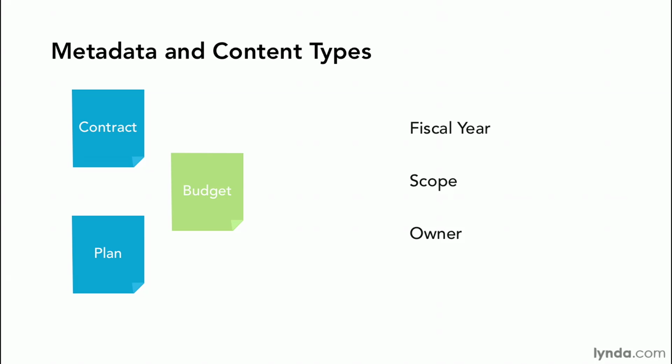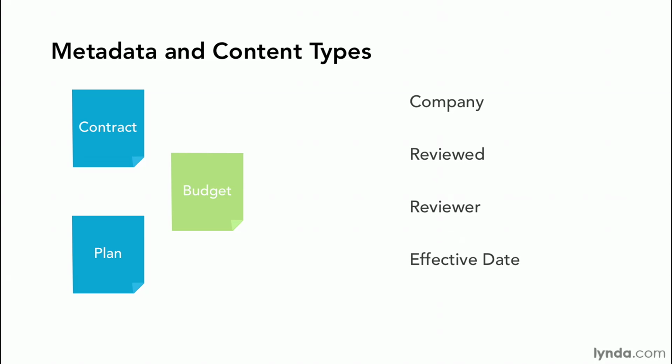We actually want the document to have metadata. So by defining some extra information, what we're going to do is actually create a type of document that's called a budget that has corresponding metadata for fiscal year, scope, and owner. We're going to create a type of document called a contract that collects metadata for company, for when it was reviewed, who the reviewer was, and the effective date of the contract.